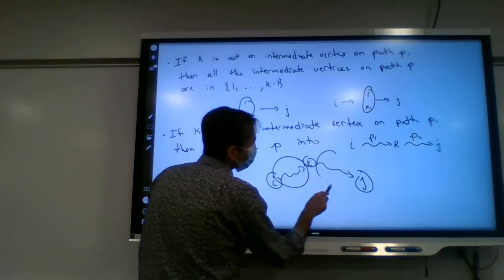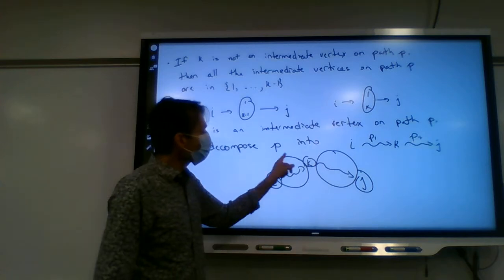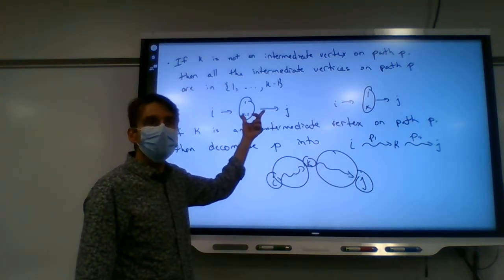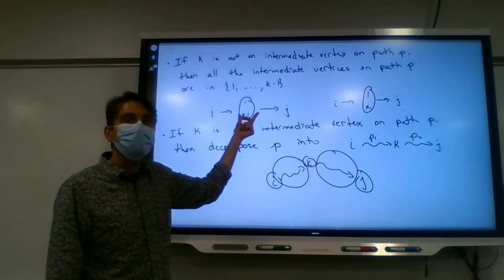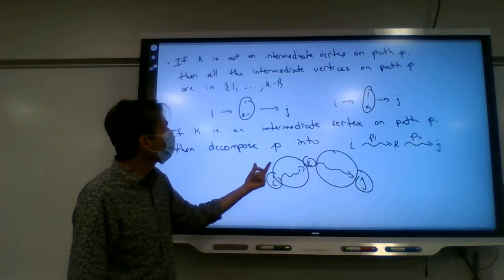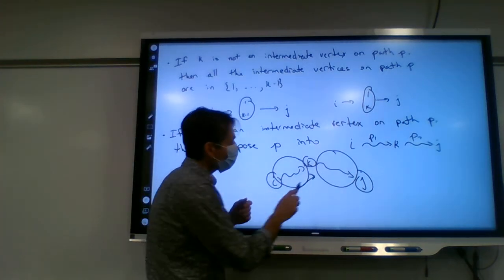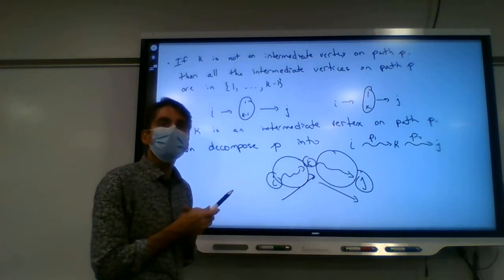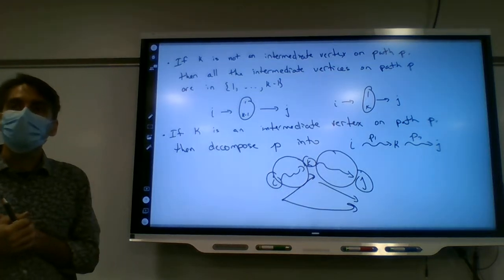This is where the optimal substructure comes into play again. This part is only going to contain vertices from here, and this part is only going to contain vertices from here as well. So if we can find the shortest path to here, and then find the shortest path from there, we can put those together to find the shortest path from I to J.